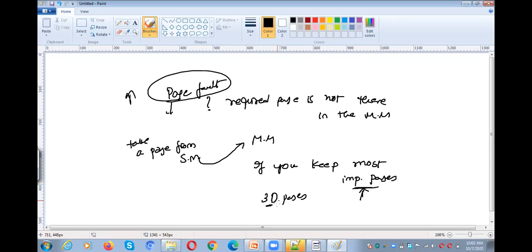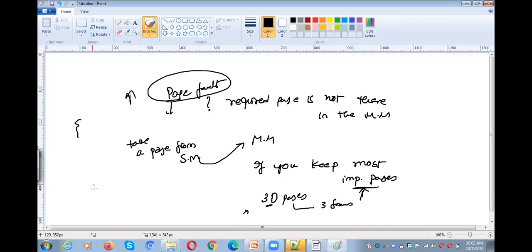How many pages can you keep in the main memory? 3 frames in our earlier example, right? So among those 30, you need to select the most important, desired pages for the execution and keep those pages in the main memory. Whenever the important pages are in the main memory, the CPU is busy executing those pages, right? These are the most important pages for the execution at that particular moment.